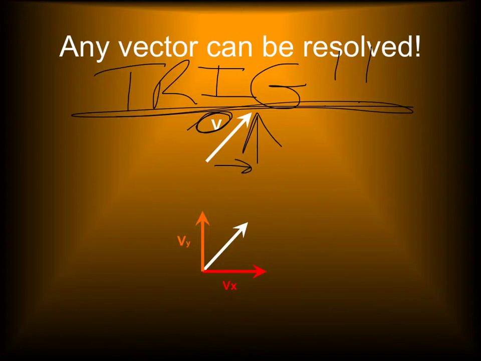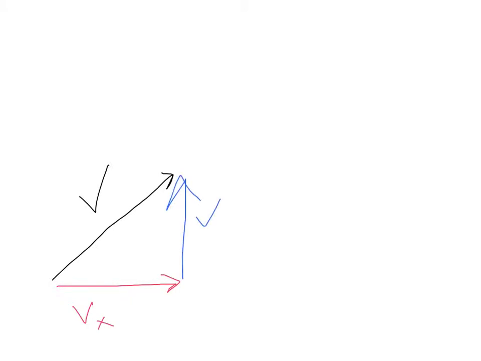So there's some horizontal component to our velocity, and there's some y component to our velocity. And we can find out what those specifically are. We'll call this v. We're going to call this one vx because it's in the x direction. We're going to call this one vy.